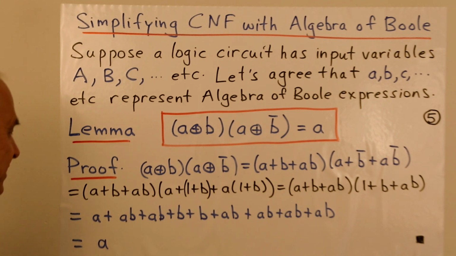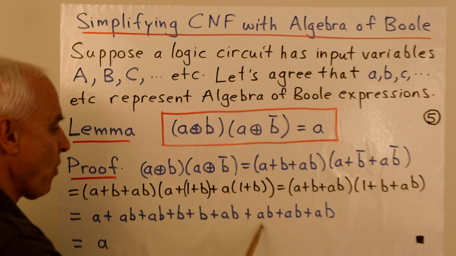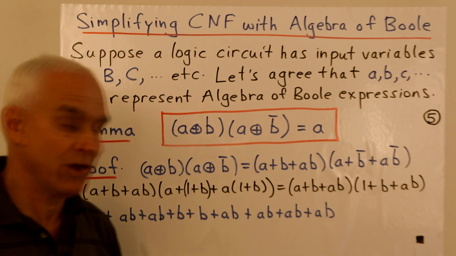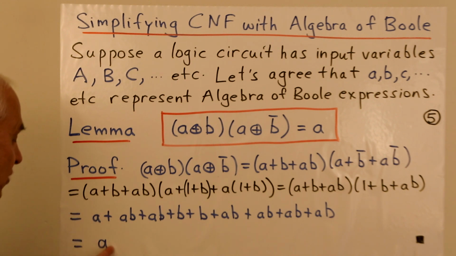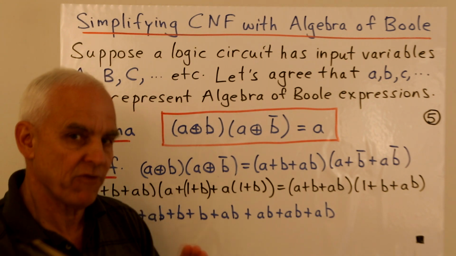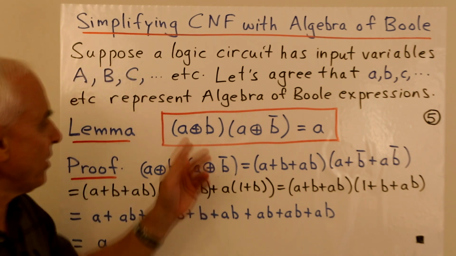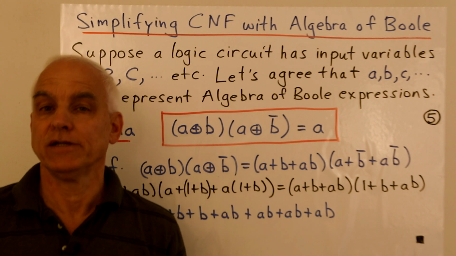And now there's lots of cancellation because the two ABs drop off, the two B's drop off, and here there are four ABs, so they also cancel in pairs, and we're just left with this first entry, which is A.